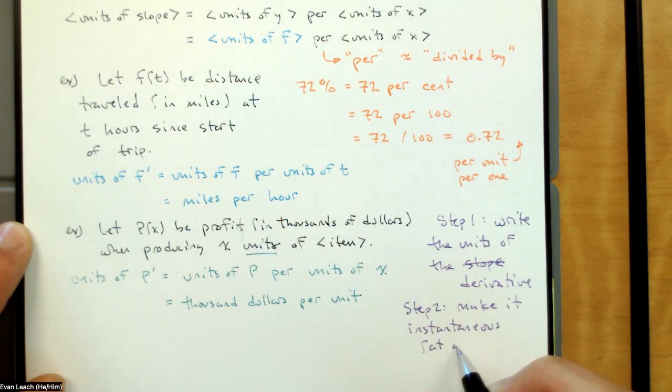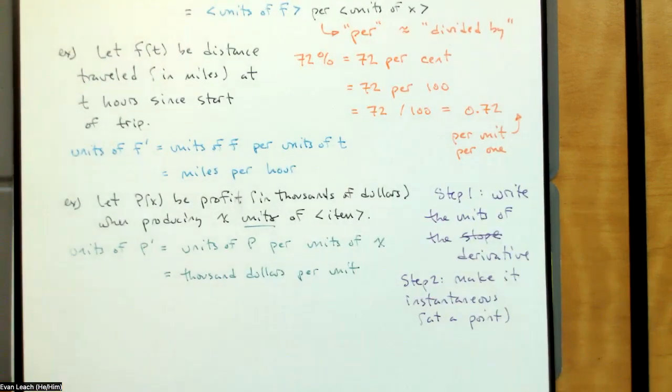That's the at a point part. So once we write down the units, then we just interpret those units as an instantaneous rate of change.